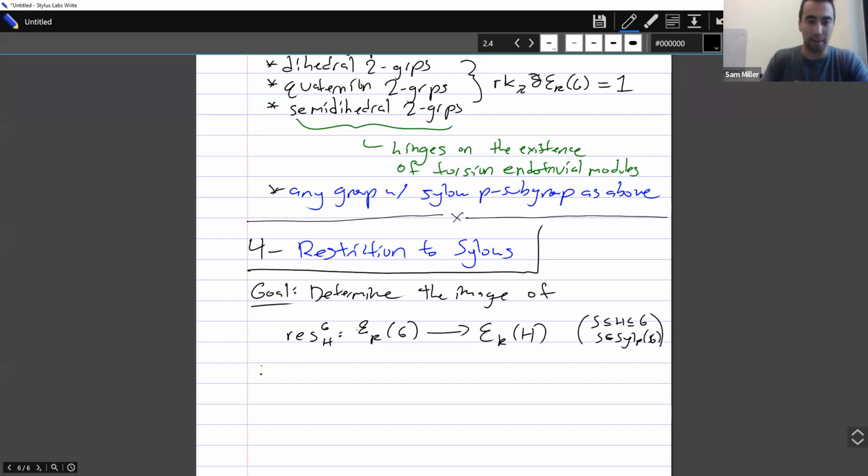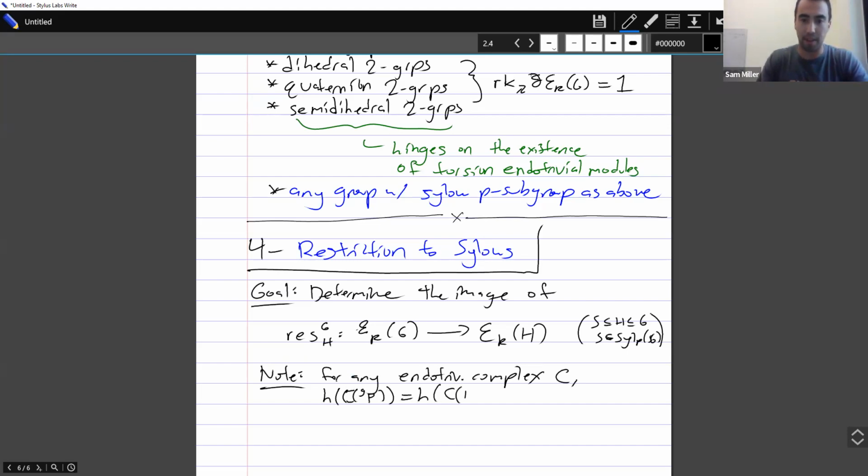And so let's note that for any endotrivial complex, it follows by properties of the Brauer construction that the H mark at P is equal to the H mark at any conjugate of P, essentially.